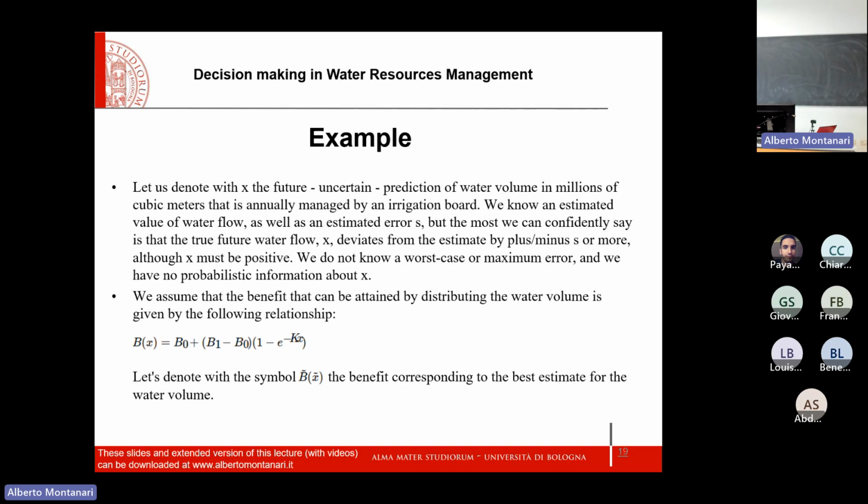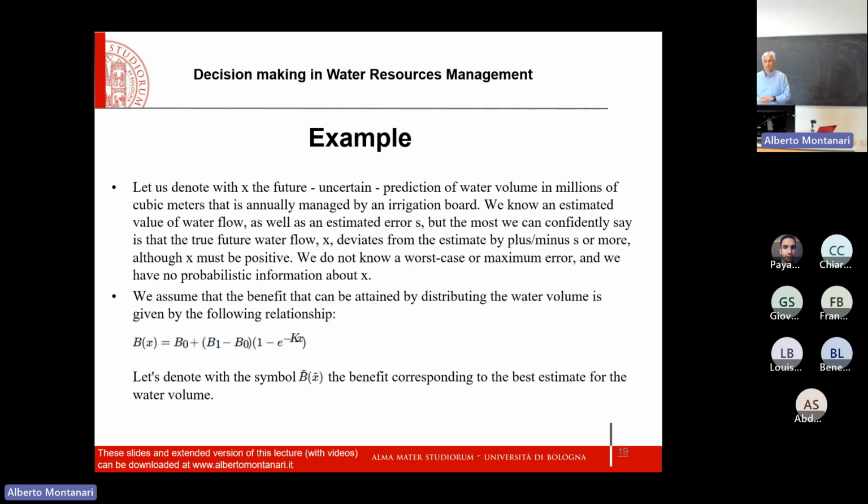We may make an exercise by fixing a value, but we don't need to fix it here. I just want to denote with the symbols B tilde and X tilde the benefit corresponding to the best estimate for the water volume. So the best estimate, as I told you before, is indicated by X tilde, and I have a benefit B tilde. So I have a best prediction of water for irrigation, X tilde, which gives a benefit B tilde.